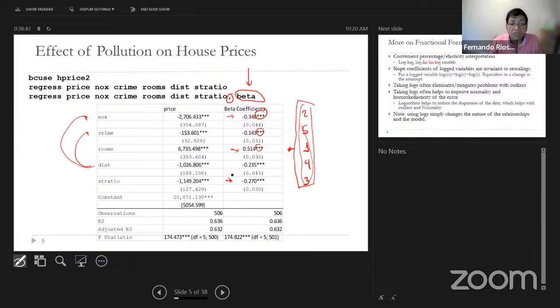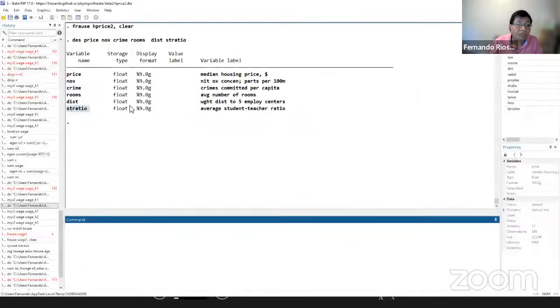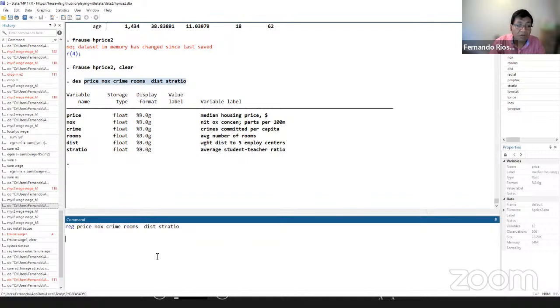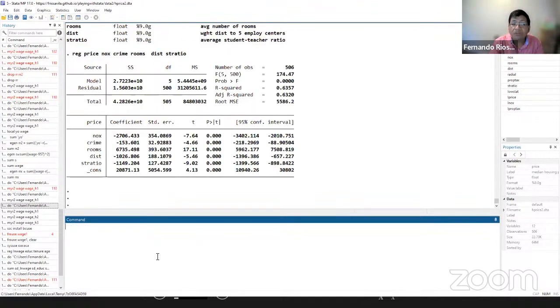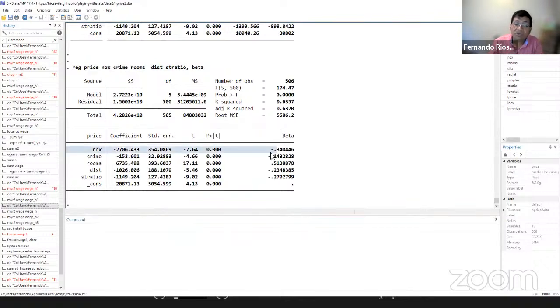Let me show you that over here. This is the standard output that you're going to get, same thing that we had before. But if you want to get the beta coefficients, you just indicate beta, and all the results are going to be shown here.